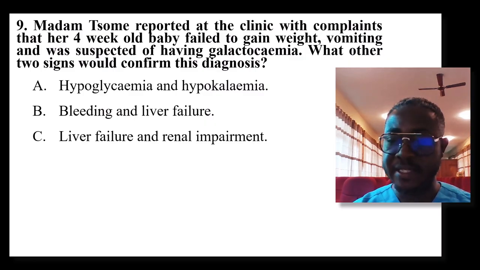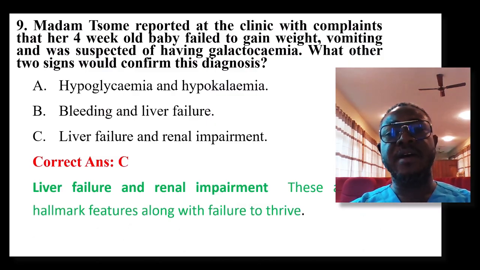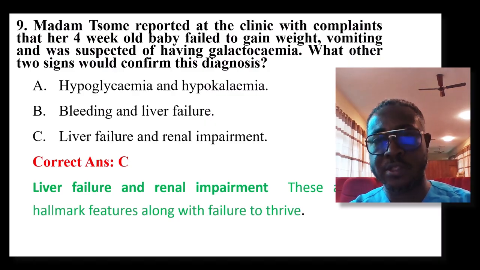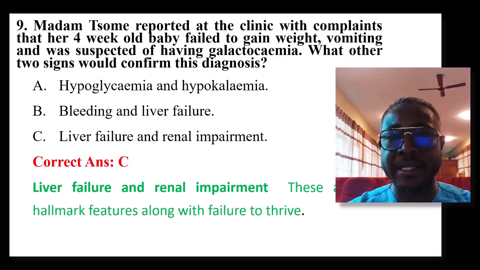All right. So the correct answer here is C. So you see, in galactosemia, as I explained earlier on, galactose is not being converted or metabolized into glucose for the body cells to use. Okay, so there's hypoglycemia, and there's excess accumulation of galactose in the blood.